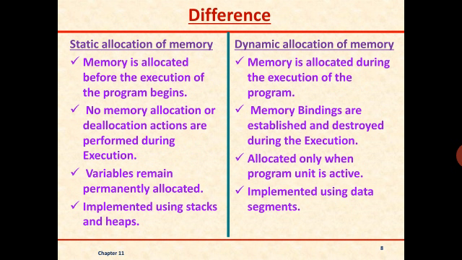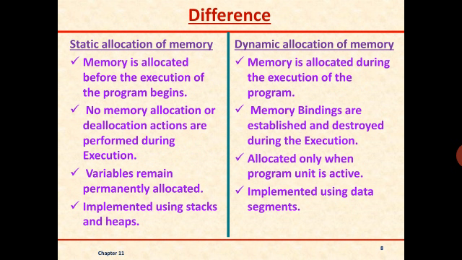You just have to remember the difference. In static allocation, memory is allocated before the execution of the program begins, and in dynamic allocation, memory is allocated during the execution of the program.